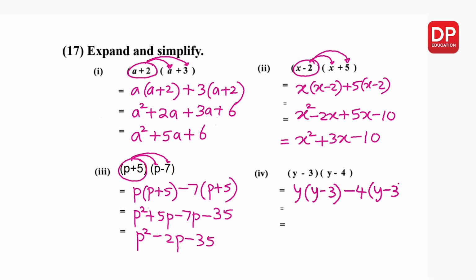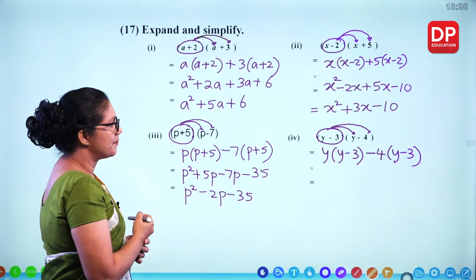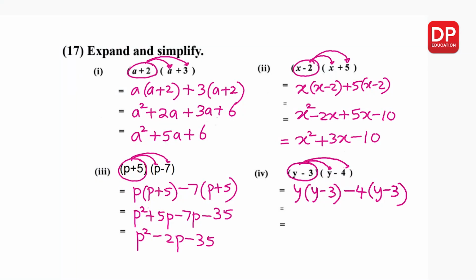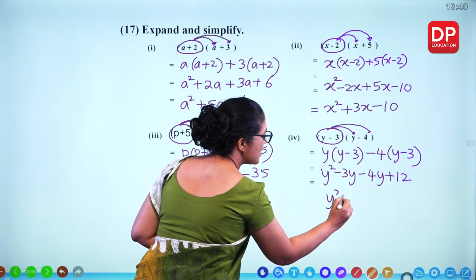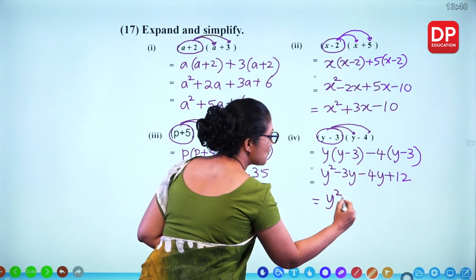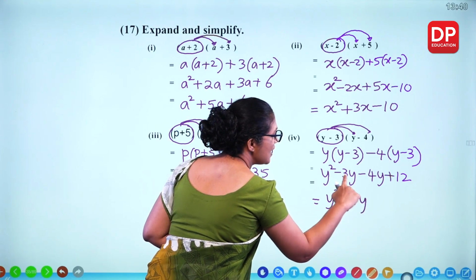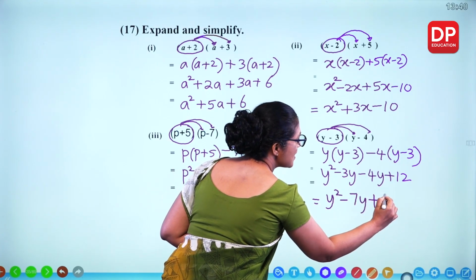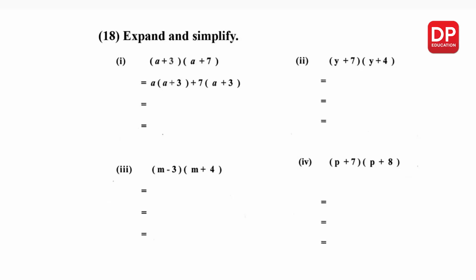So this term multiplied by these two terms. y squared minus 3y minus 4y plus 12. So you get y squared, minus 3 minus 4 is minus 7y. Then you get plus 12.